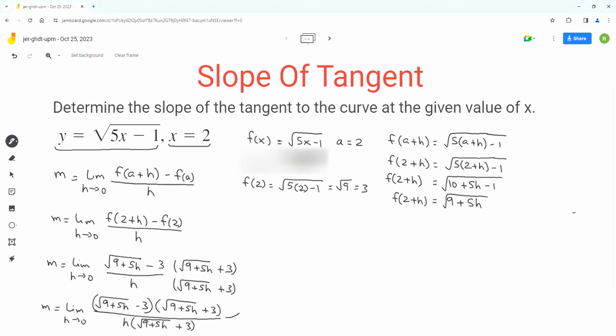Now we can simplify the numerator by using the FOIL method to distribute the terms. So we get m equals limit h approaches 0.